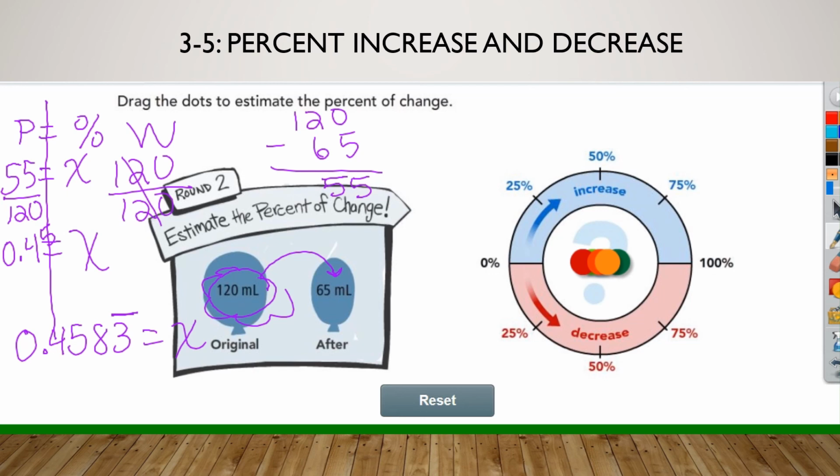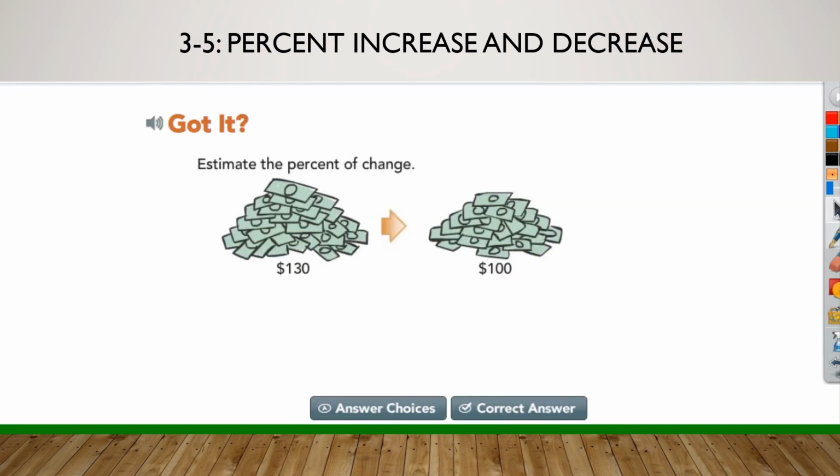Decimal percent multiply, or you move it to the right 2 times. So that'd be 45. And then the 3 is repeating. But let's go ahead and round that to the nearest whole percentage. So when I round that, that will be about 46%. About 46%. Estimate the percent of change.